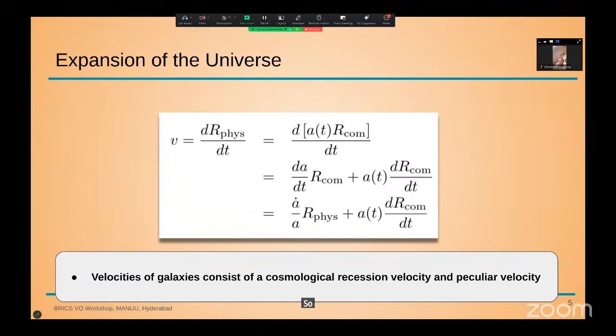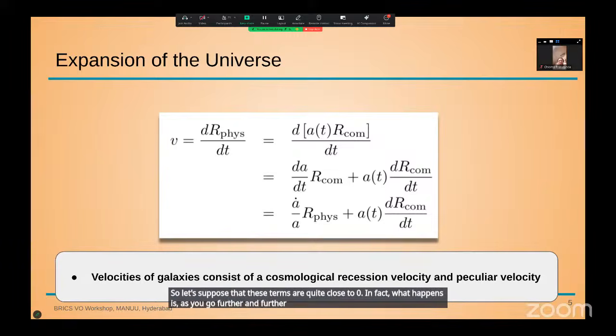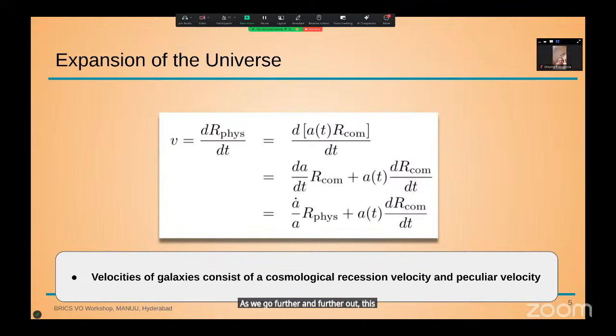Let's suppose that the peculiar term is quite close to zero. In fact, as you go further and further out, the cosmological term starts to dominate because it is multiplied by the physical distance. So it increases with distance, and it is more dominant compared to the peculiar term, so we'll just ignore the peculiar term.